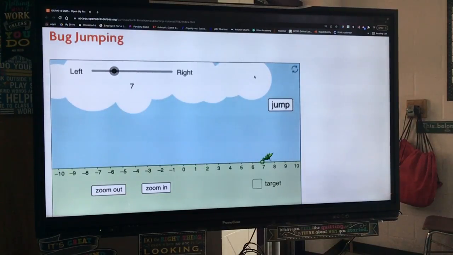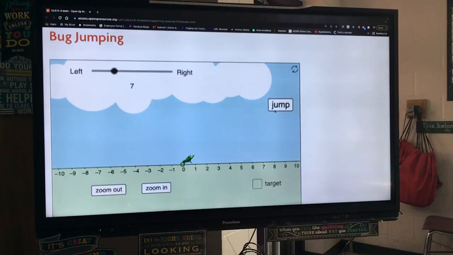Alright. So where could it have started? Kira. At either -7 or +7. Because it moved 7 units and it landed on 0. Right? So let's just use 7 for an example. Jump 7 times, all the way to 0.